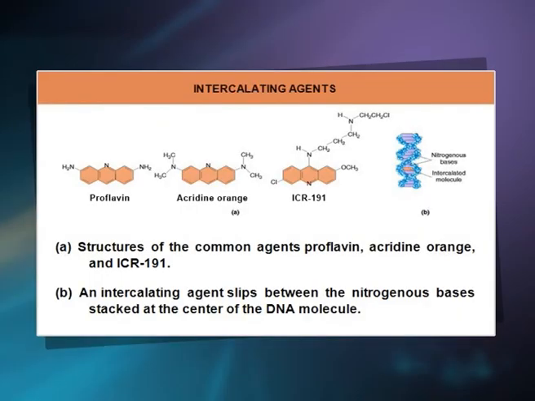In this intercalated position, the agent can cause single nucleotide pair insertions or deletions. This figure shows the structures of the common intercalating agents such as proflavin, acridine orange and ICR 191. An intercalating agent slips between the nitrogenous bases stacked at the center of the DNA molecule.